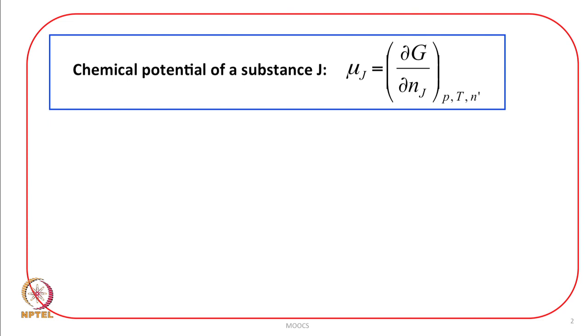So, chemical potential of a substance J is the change in Gibbs energy when 1 mole of that substance is added to that mixture under the conditions of constant pressure, constant temperature and the composition of everything else also constant other than the substance J itself.